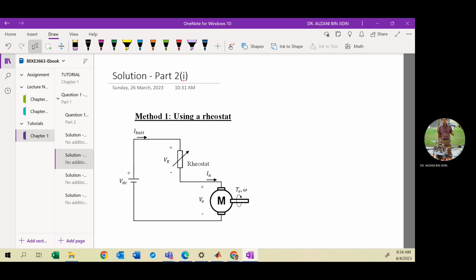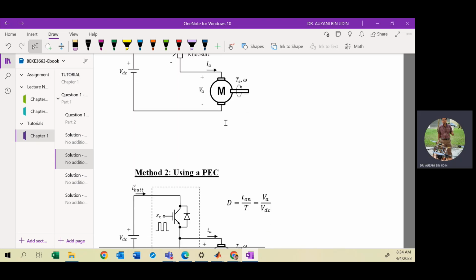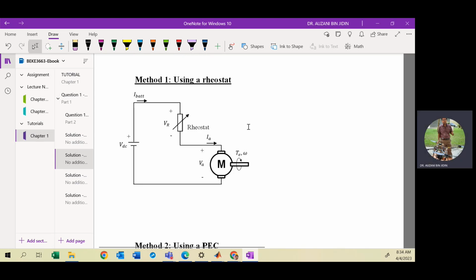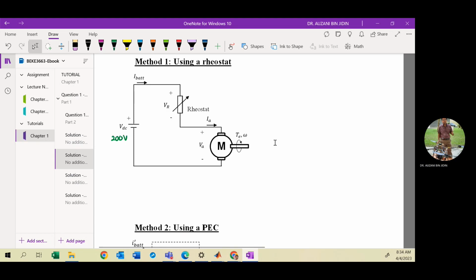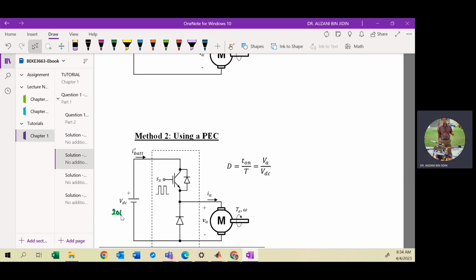In part 2, you need to compare the efficiency performance using these two methods, using rheostat and PEC. In order to obtain the same speed, 1,200 RPM, the VDC is 200 volt for method 1, and method 2 is also 200 volt.